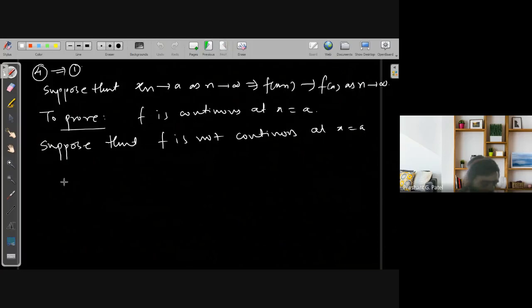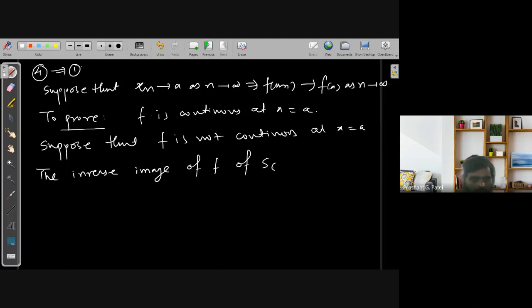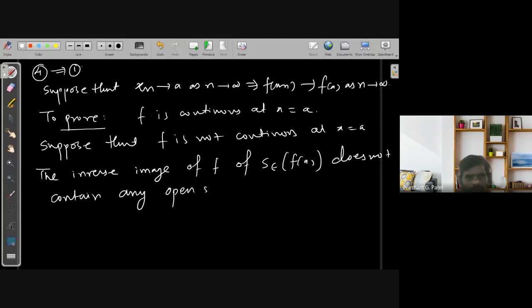So that is the statement we should write. If it is not continuous, the inverse image of f of S epsilon of f of a does not contain any open sphere about a. That is the negation of that statement.